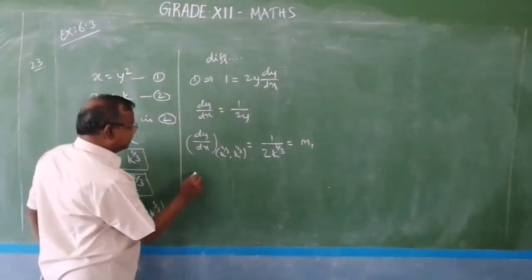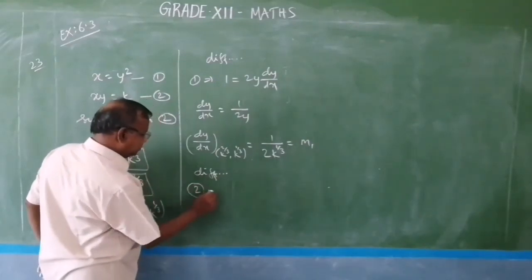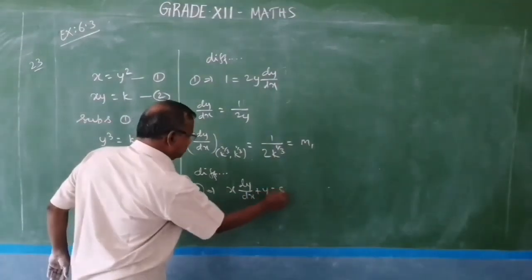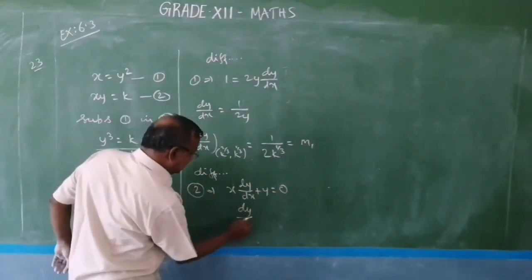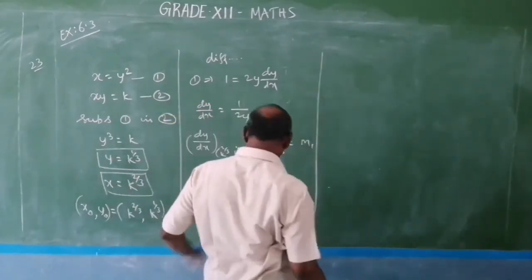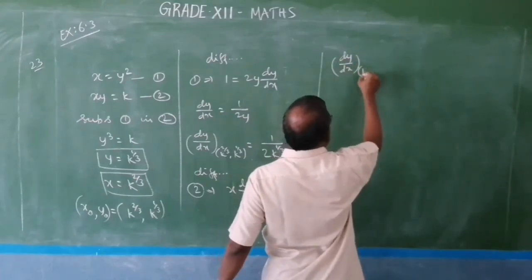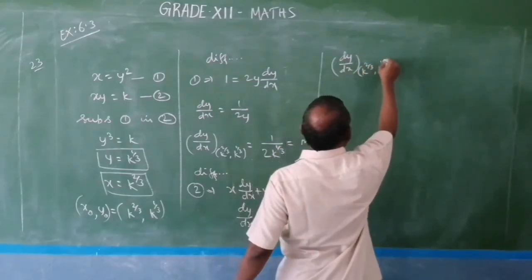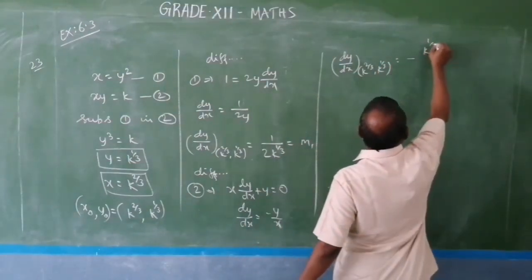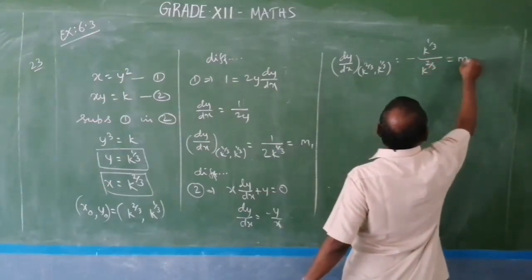Now differentiating the second equation, we have x dy/dx plus y equal to 0, or dy/dx equal to minus y by x. At the point of contact (k^(2/3), k^(1/3)), this is equal to minus k^(1/3) divided by k^(2/3). Say this is m2.